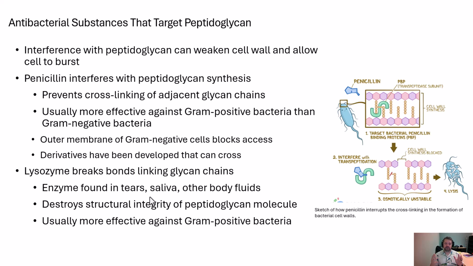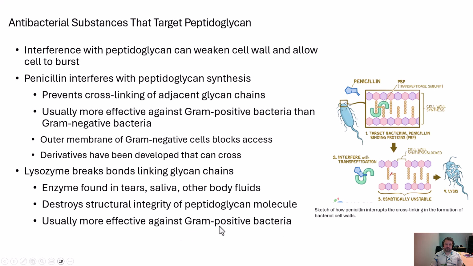We need thin layers in both those regions to transmit signals, versus things like your skin, which is a lot thicker, even though it comes in contact with massive amounts of bacteria. Typically it doesn't need an enzyme to break it down because the skin layer is thick enough that it protects it. So you see these enzymes in tears, saliva, other body fluids, and again, it works on the same premise.